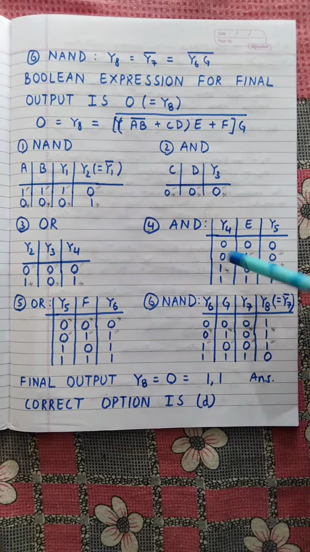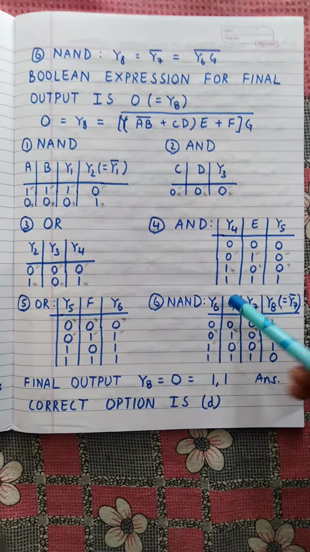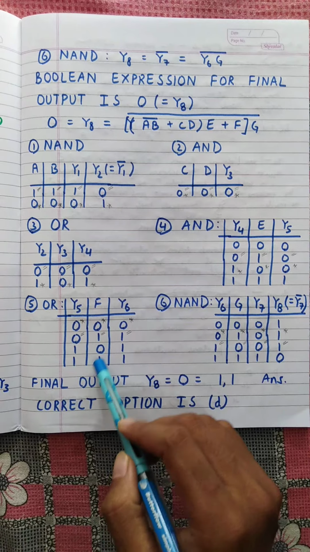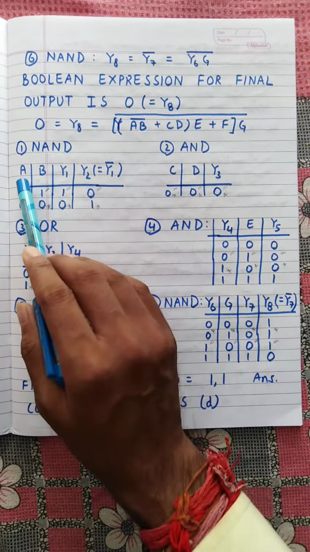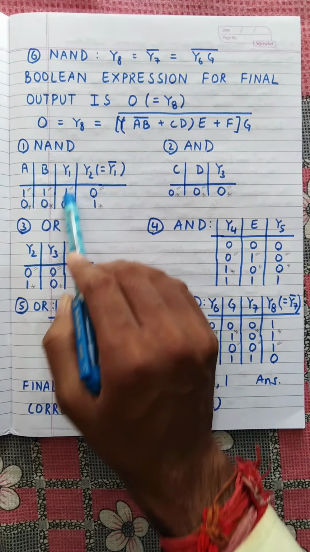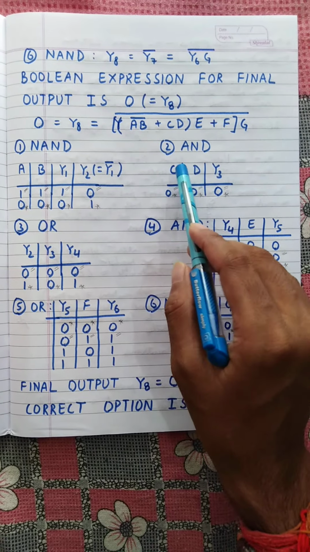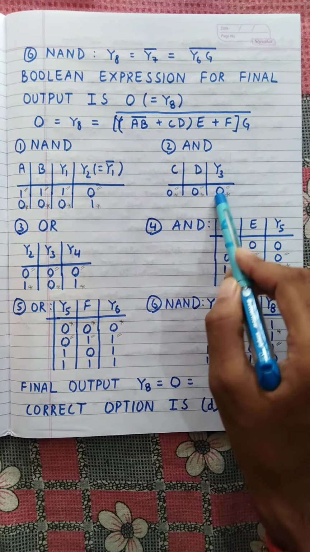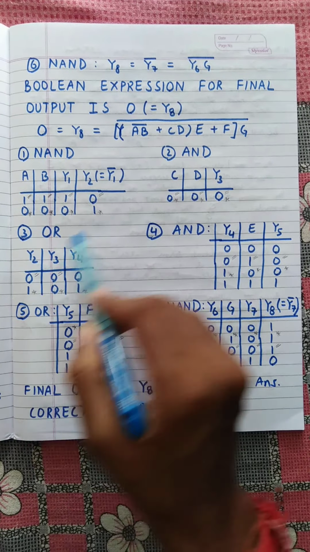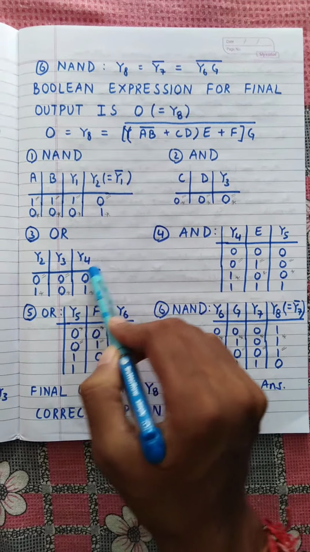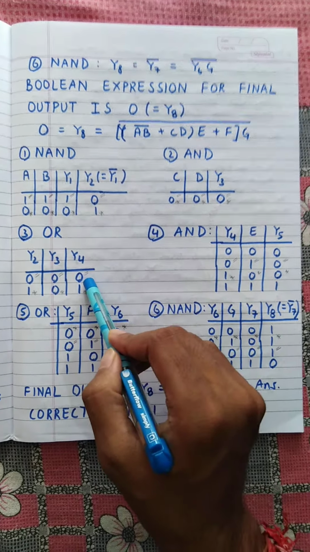Now this is the truth table with all the possible values according to the question. Now we will obtain the final output by taking the cases one by one. The first case is where A, B are 1, so y1 is 1, y2 is 0. Then C, D here are 0 and 0, so y3 will be 0. So y2 we take as 0 for case 1, and y3 we take as 0. So y4, the output of the third gate, the OR gate, will be 0.